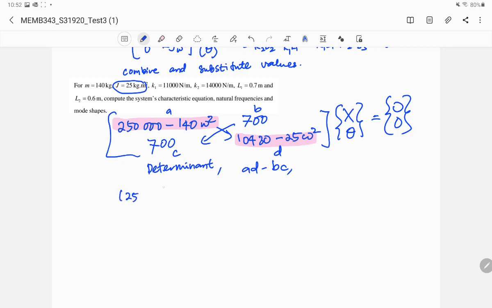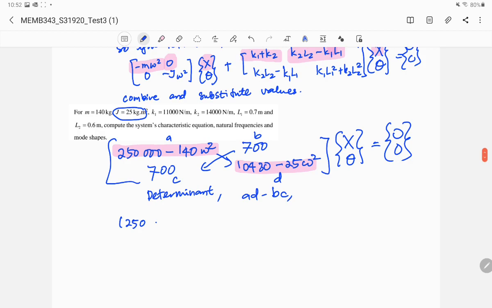If you do that, you should get these whole expressions. Maybe I made a mistake. This 2 is 25, not 250. Sorry, let me just erase that. So this one is 25,000.